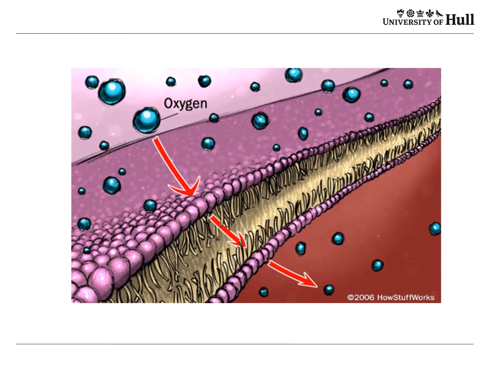Diffusion can be described as passive, facilitated, or active. Passive diffusion doesn't require any energy. For example, oxygen will freely diffuse across a plasma membrane, as is shown here.